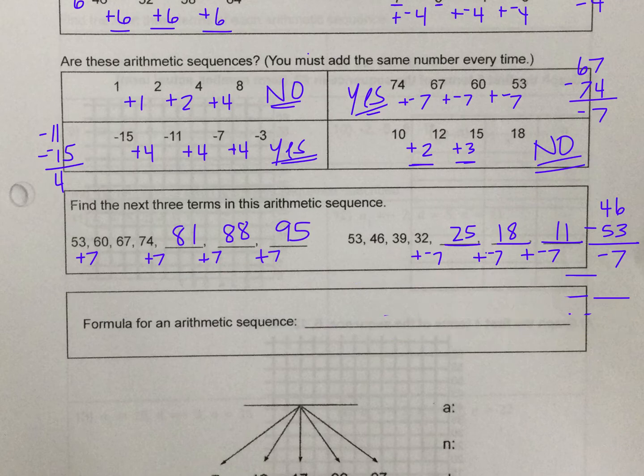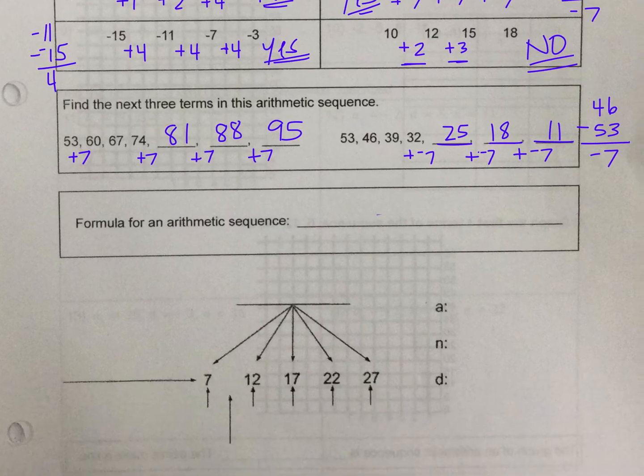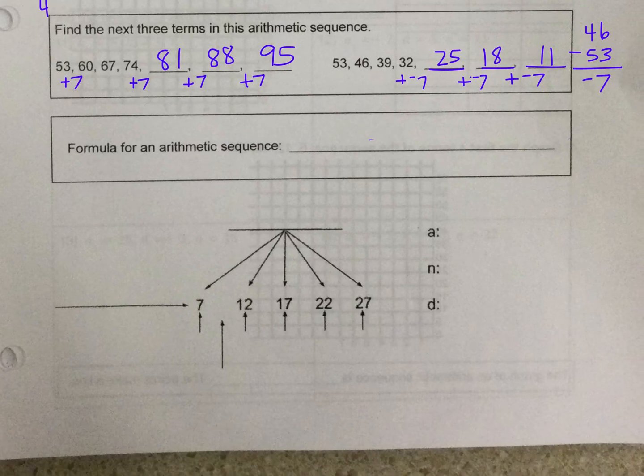So we have a handy dandy formula that we use when we want to find different terms in a sequence. The formula we use is a sub n equals a sub 1 plus n minus 1 times d.